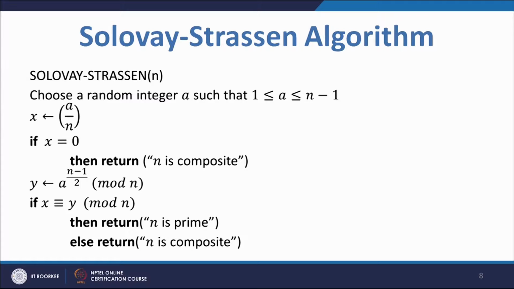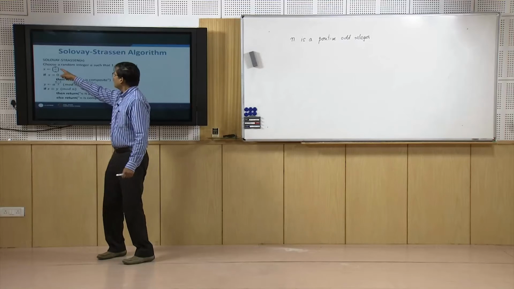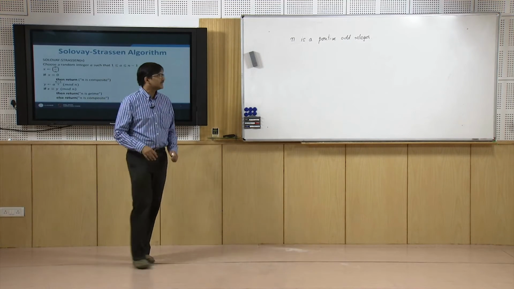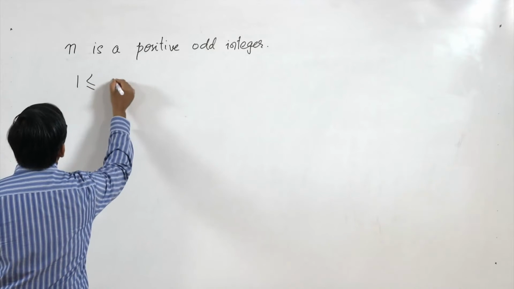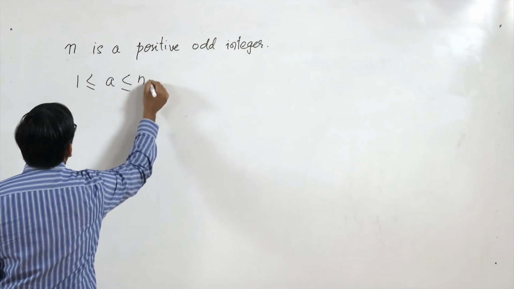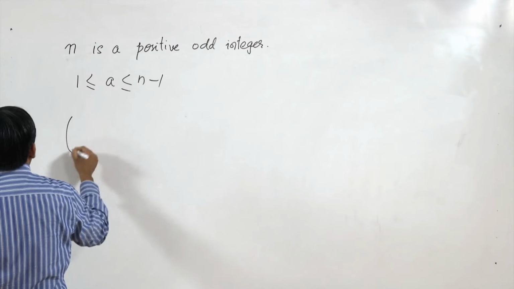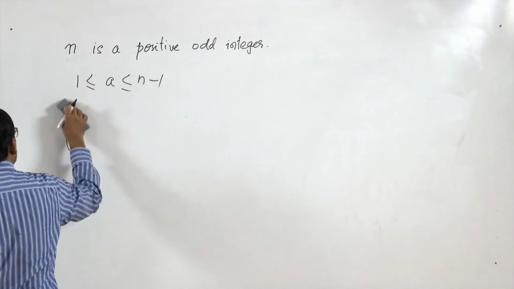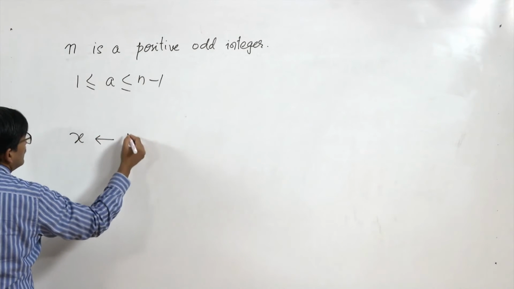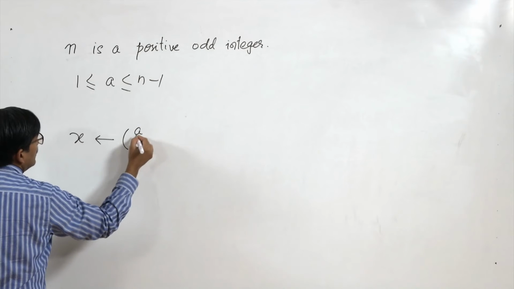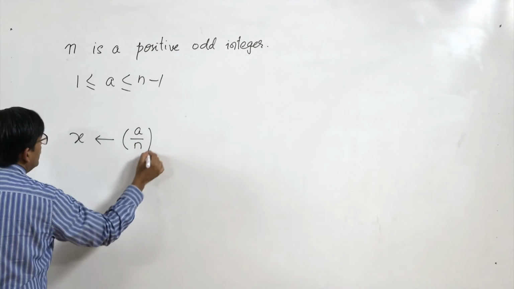So, let us suppose we are able to choose an integer at random, and then we calculate the Jacobi symbol of a modulo n and store it in x. So, a is something which is chosen at random between 1 and n minus 1, and then we compute the Jacobi symbol x.